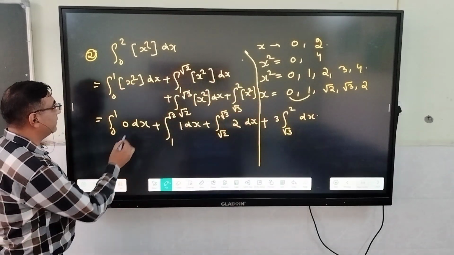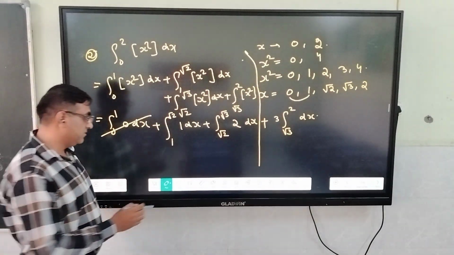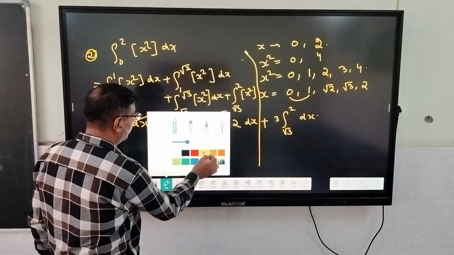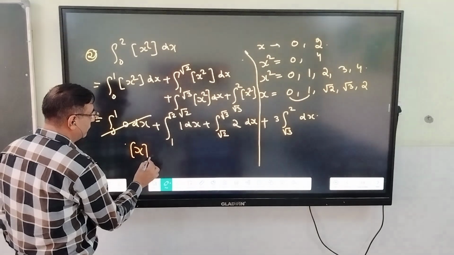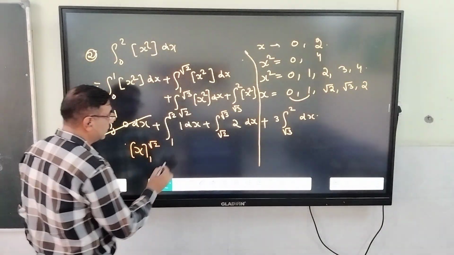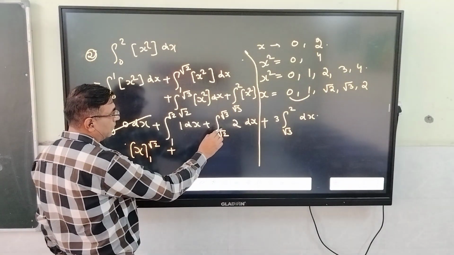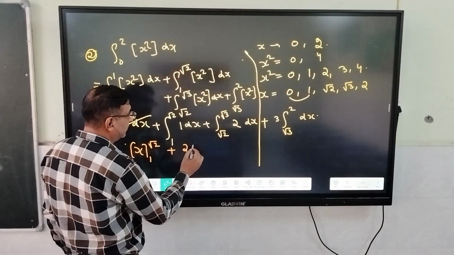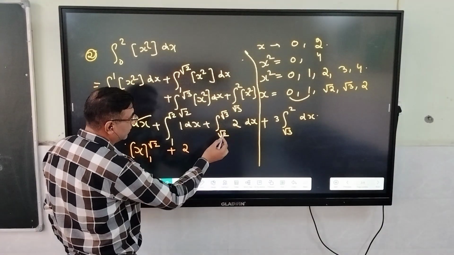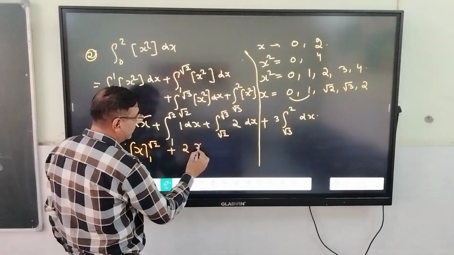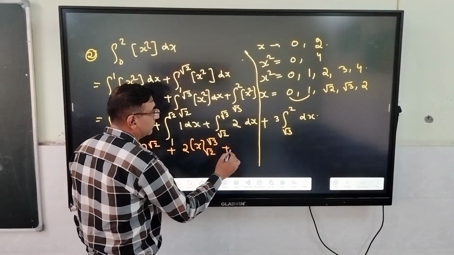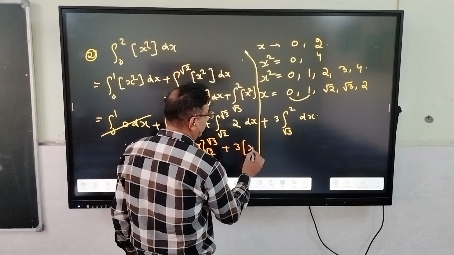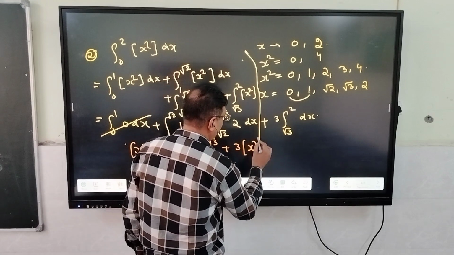So now this will become 0, plus the integral of 1 dx, which is x from 1 to root 2, plus 2 will be outside, x from root 2 to root 3, plus 3x from root 3 to 2.